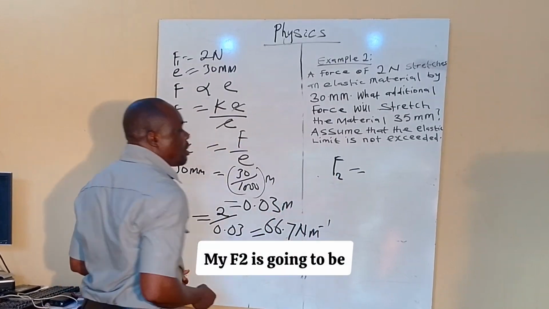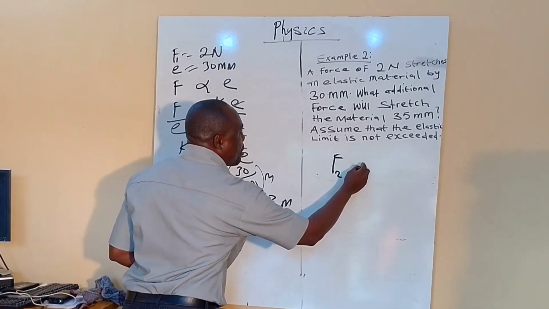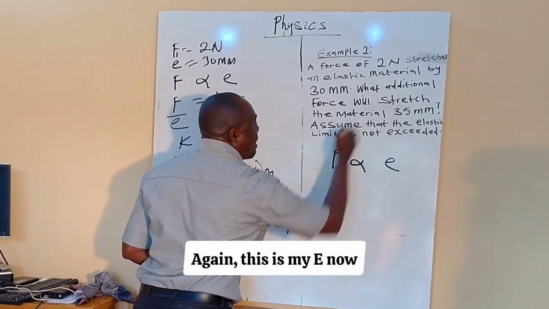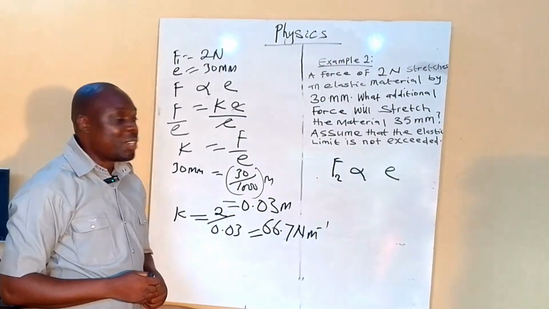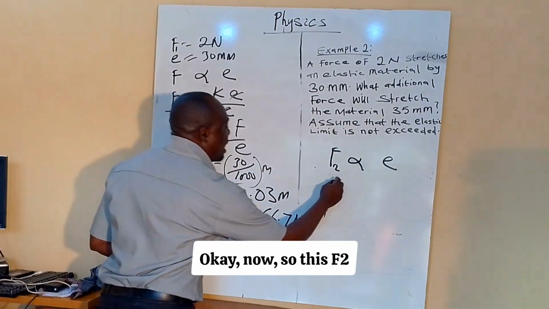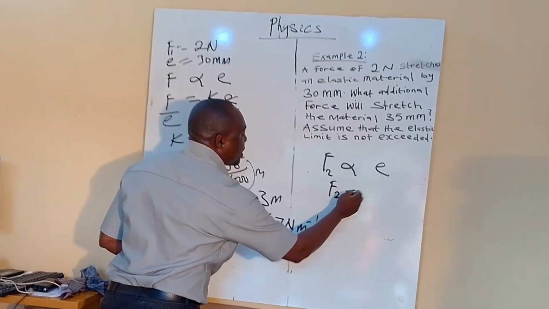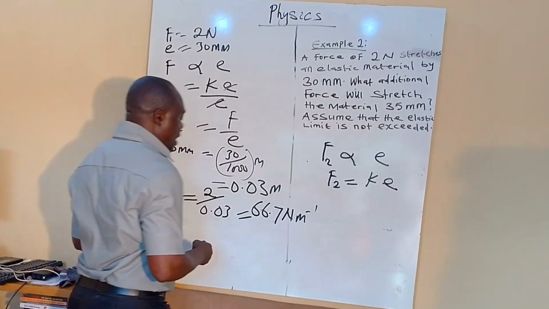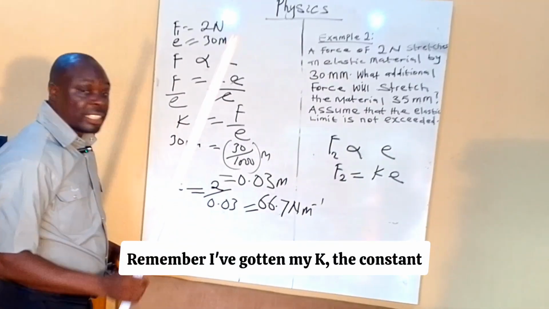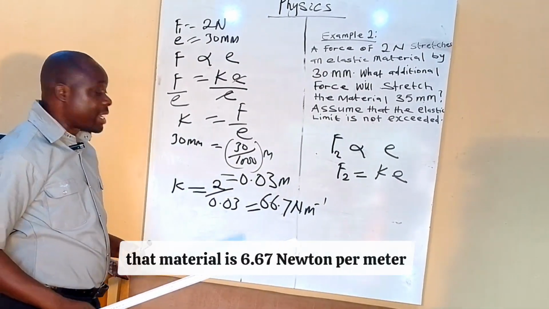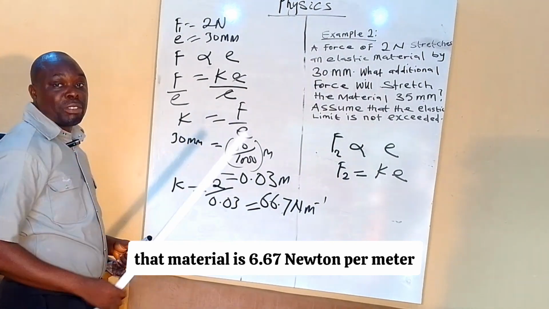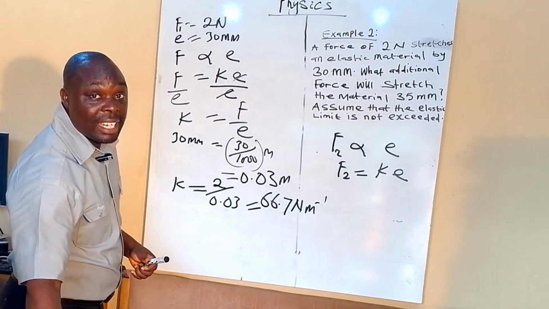My F2 is going to be proportional to E. Again, this is my E now, 35 millimeter. So this F2 is going to be KE. Remember, I've gotten my K, the constant. The stiffness of that material is 66.7 Newton per meter.